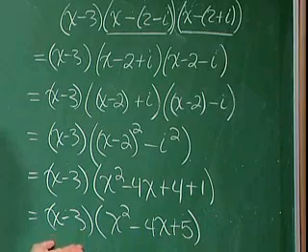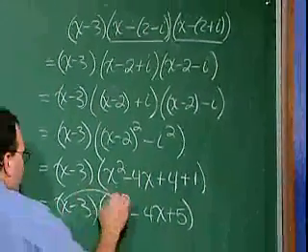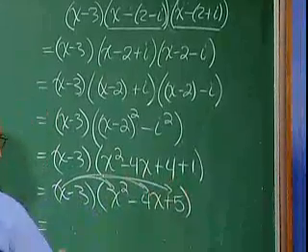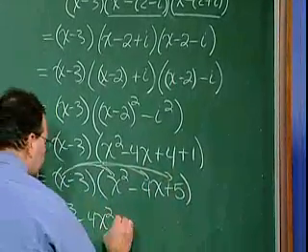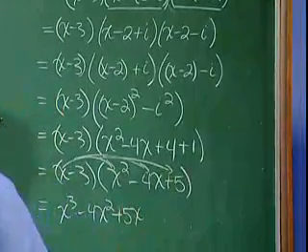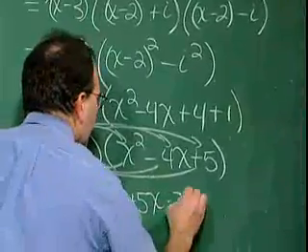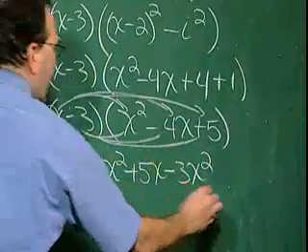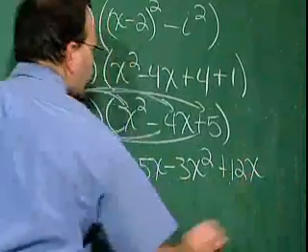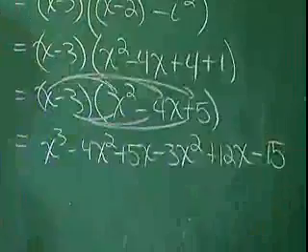We distribute from this to here, and let's do the x first, and we get x cubed minus 4x squared plus 5x. Next, do the negative 3, and we get negative 3x squared. Then negative times a negative for plus 12x, and then negative times positive gives me negative 15.